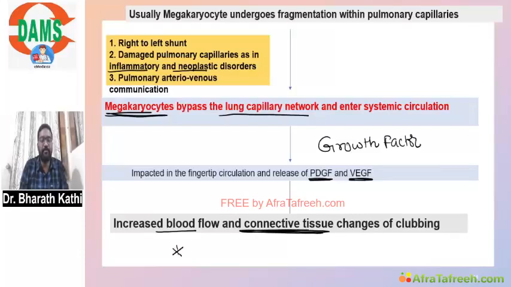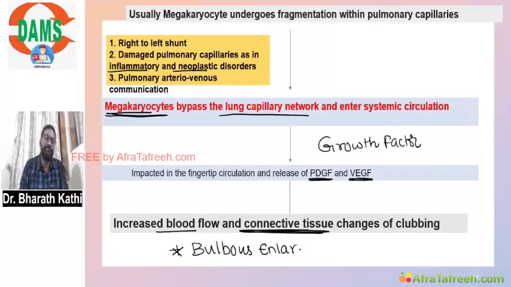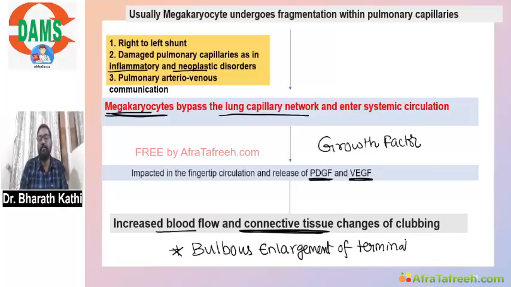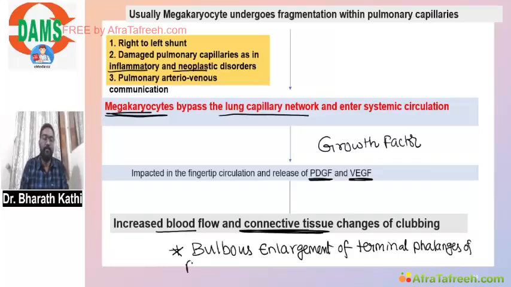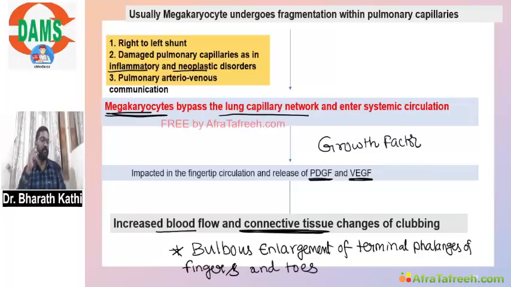Because of this, there will be bulbous enlargement of terminal phalanges of fingers and toes. Bulbous enlargement of terminal phalanges of fingers and toes. So this is called clubbing.